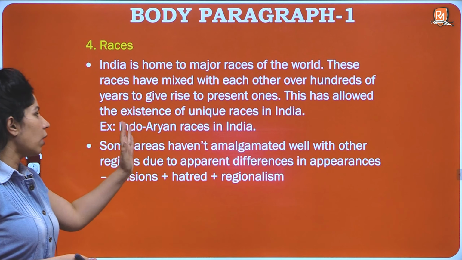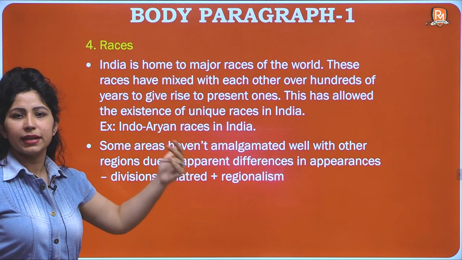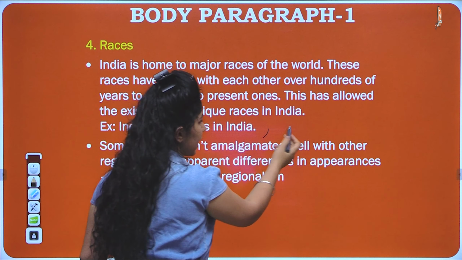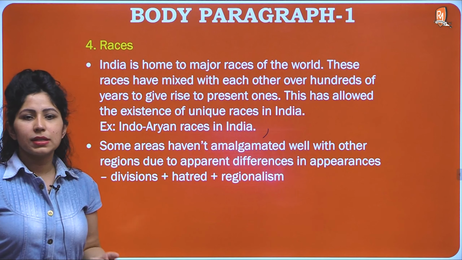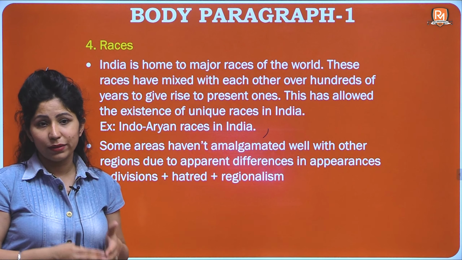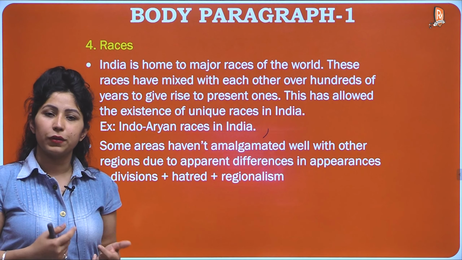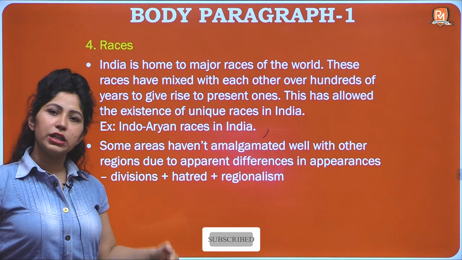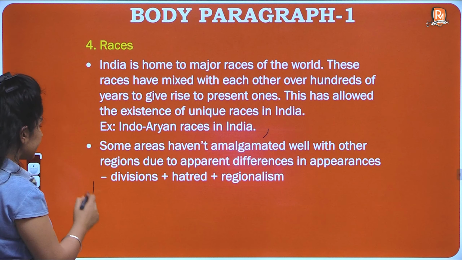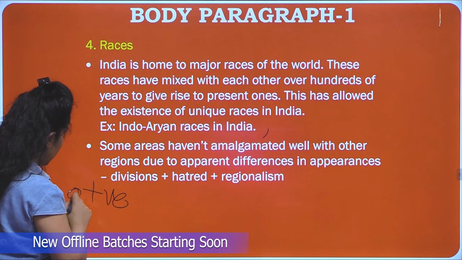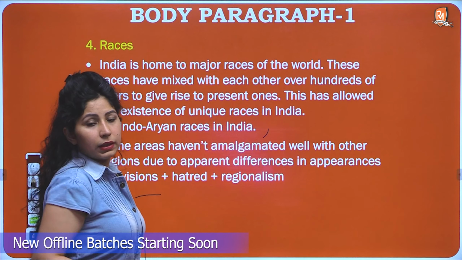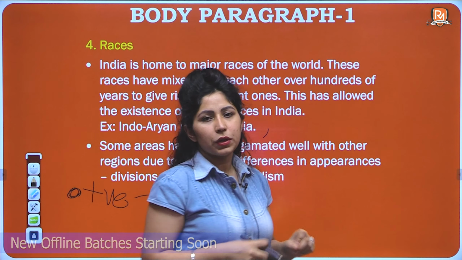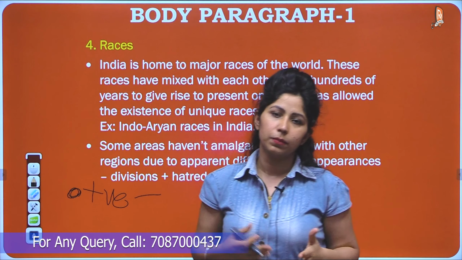For example, Indo-Aryan races in India. You can talk about other races, most of the races that are prevalent in India. Some areas haven't amalgamated well with other regions due to apparent differences in appearances, hence causing divisions, hatred, regionalism. Also talk about the positive part that the existence of different races is having in India.